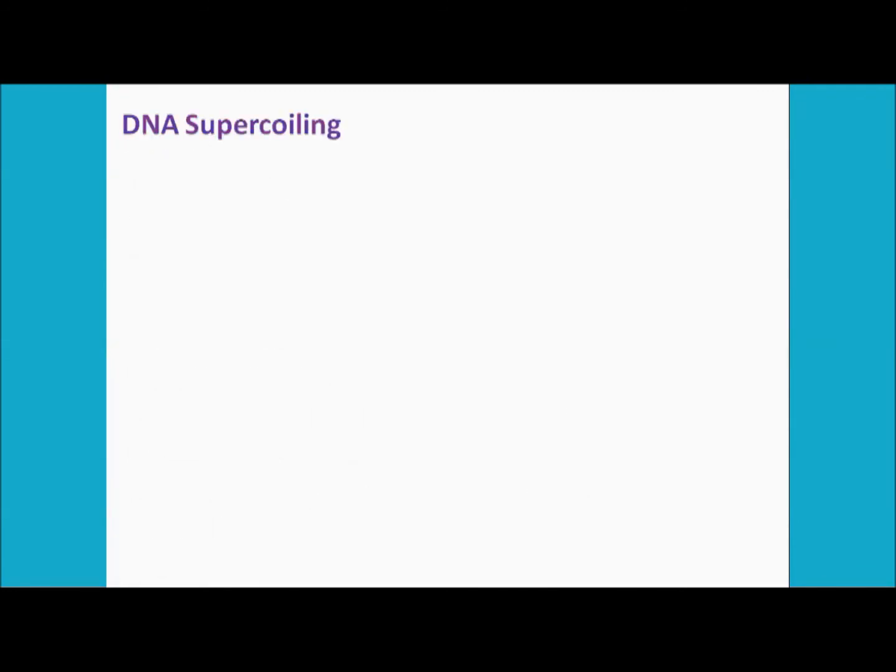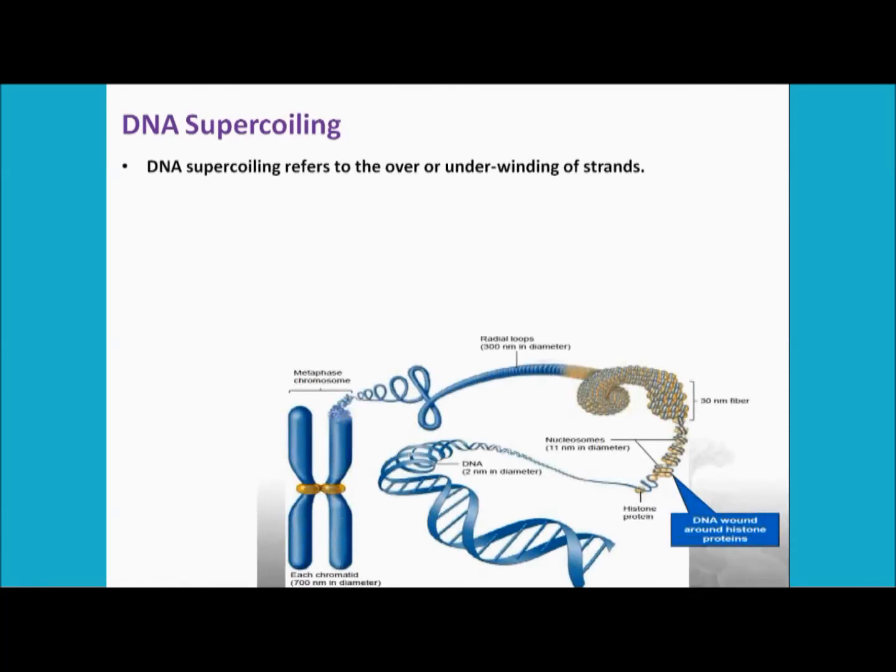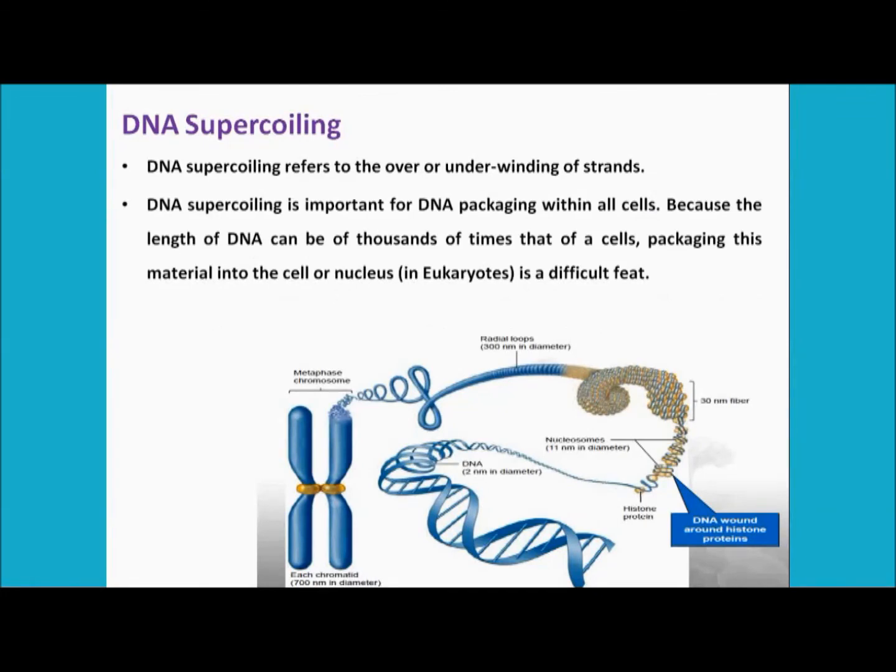The last concept for DNA is DNA supercoiling, which we have already discussed. DNA supercoiling is nothing but a highly packed structure of the DNA. It refers to the over or underwinding of the strands. It is important for DNA packaging within a cell, because if we kept unwinding the structure of the DNA, you would have kilometers and kilometers of it.